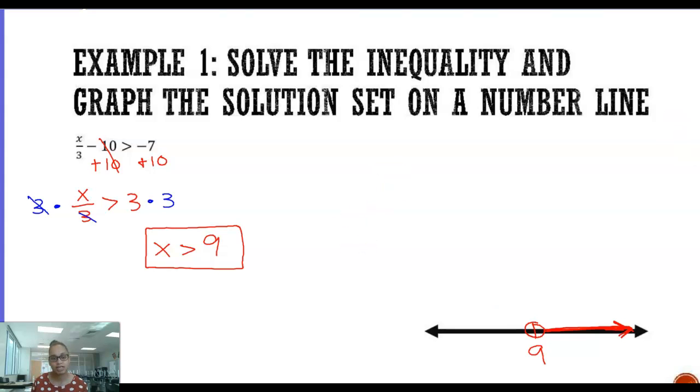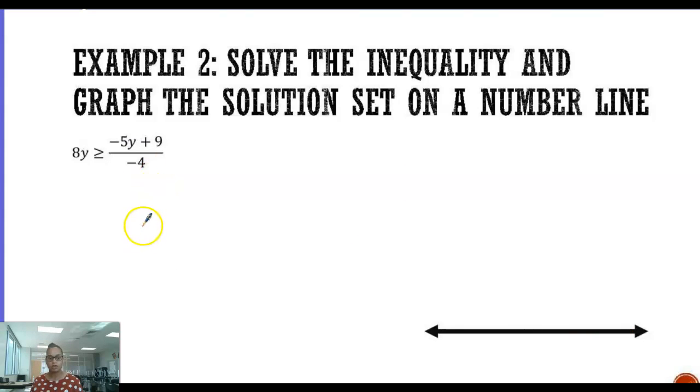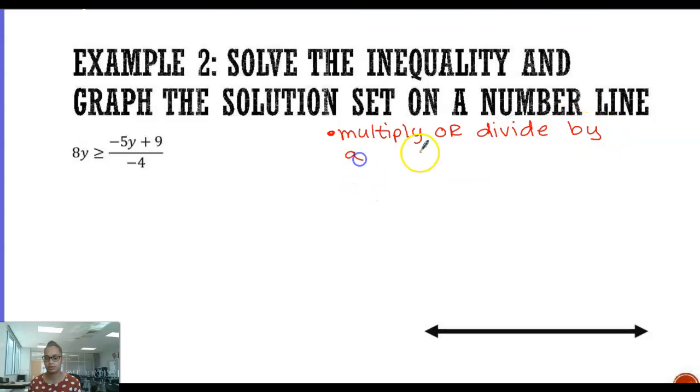Let's go ahead and work our second example. Looking at this problem here, one of the rules of solving inequalities is that if you multiply or divide by a negative number, do you know what to do?